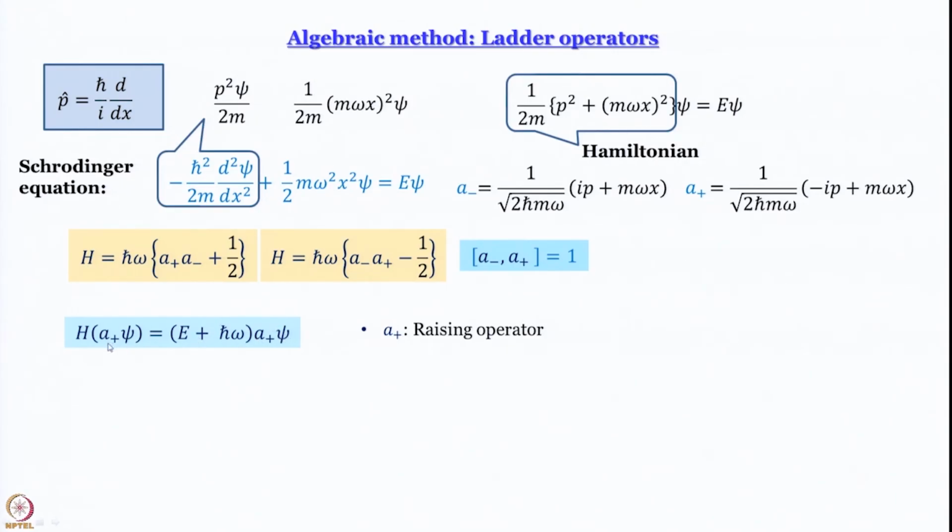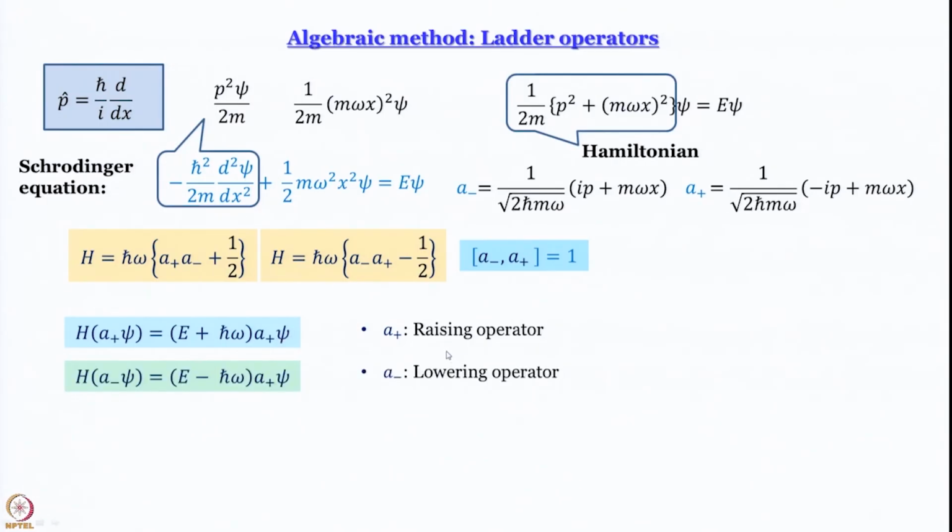So, when a plus operates on that wave function, the energy of the resultant wave function is increased by h cross omega, which is one vibrational quantum for this harmonic oscillator. That is why a plus is called a raising operator. It takes us up by one step in the energy ladder of the quantum harmonic oscillator.